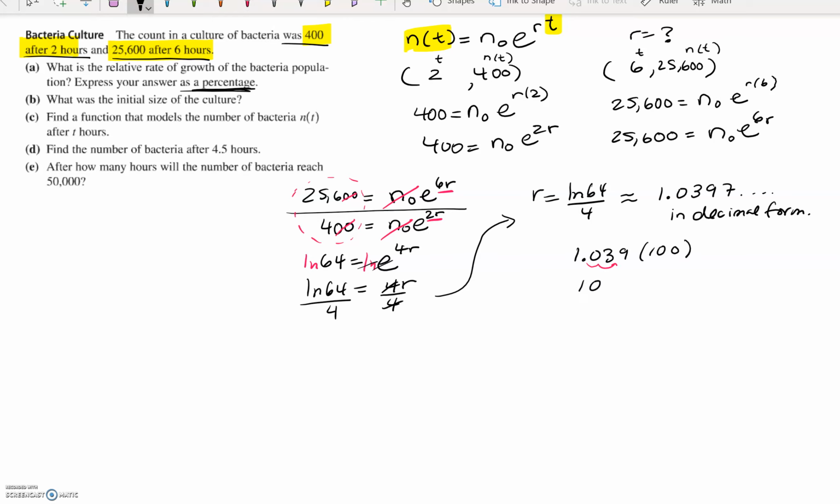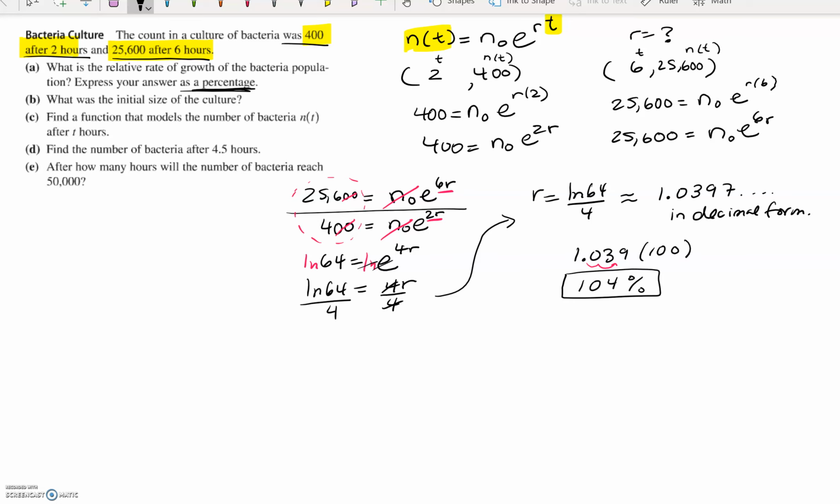So I have 103.9, so 104% relative growth rate, since they said give it to me as a percent. So if I only had 0.03, that would be 3%. If I had 0.50, that would be 50%. In this case, it's over 1, so it's over 100% for the relative growth rate.